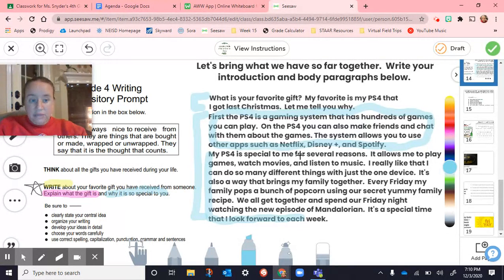We started looking at the body, and students were sharing those, and so we reviewed a lot, and I was very happy. We are definitely showing a lot of growth in writing, so all of our practice is definitely paying off.